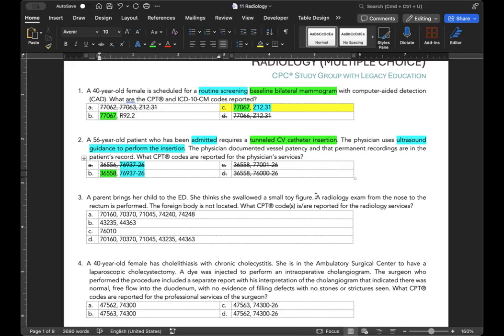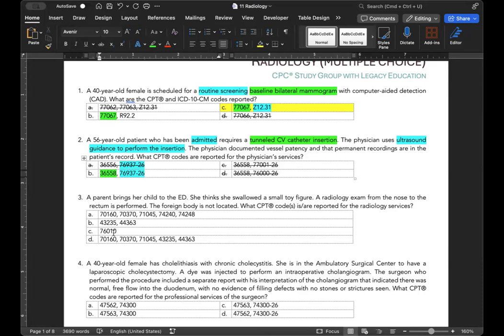But if you have a radiology exam that's done on multiple areas, always look at the one that is a single code first, because you want to see if we were to report these separately, if we're going to unbundle any. So if we look at the single code first, that's going to help us know, is everything included in the single code or do we need to report it with multiple codes? Does that make sense?